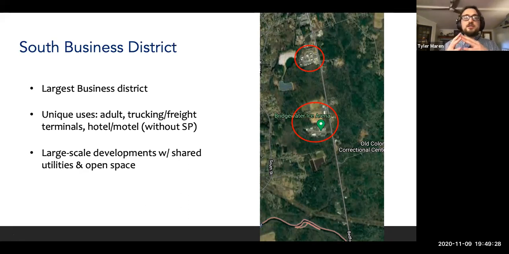And so part of the reason it goes so far back is to allow for large complexes with their own parking and interconnected green areas and things like that. And also there are provisions for sharing utilities and, like I said, open space and things to encourage these sort of large developments. For the most part, that hasn't really come to pass.